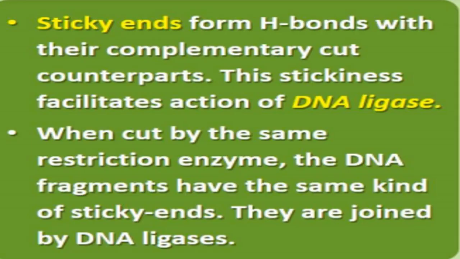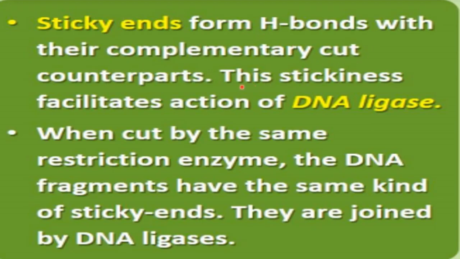Now you know about sticky ends. So how do these sticky ends ligate with each other? These sticky ends form hydrogen bonds with their complementary cut counterparts. You have seen that any other fragment of DNA will have its counterpart there. And you know that the nitrogen bases are attached to each other by hydrogen bonding, so obviously these sticky ends are forming hydrogen bonds.